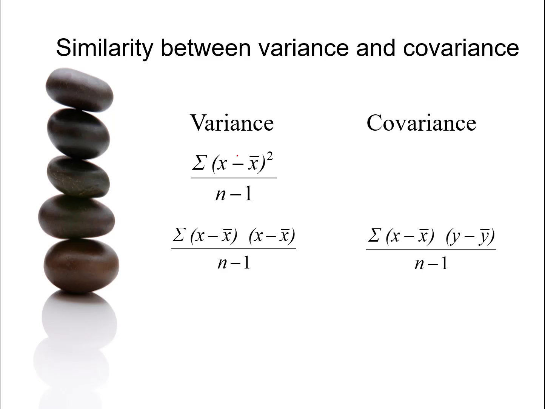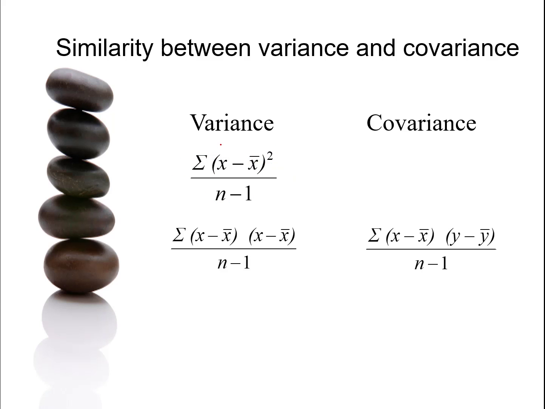And so if we calculated the variance for rock size, if rock size was variable x, we could calculate the variance for rock size where we take each person's score on x, the rock size for each person, minus the average rock size that was dropped on people's feet. So x minus x bar, and then we square that deviation to get a squared deviation. Then we sum that up for all the people in our sample to get the sum of squares, divide by n minus 1, and we get our variance.